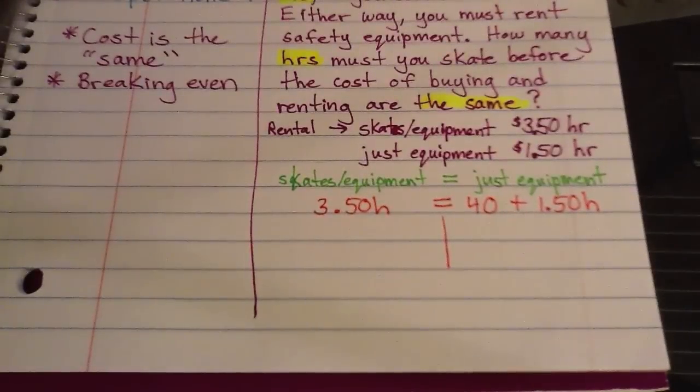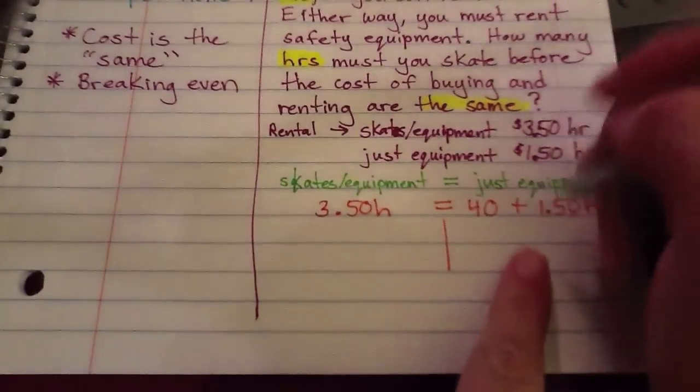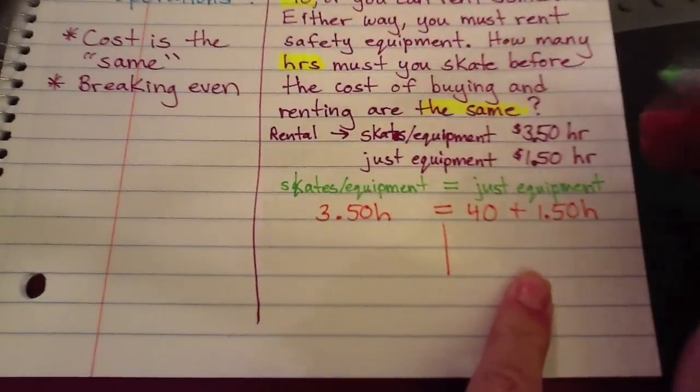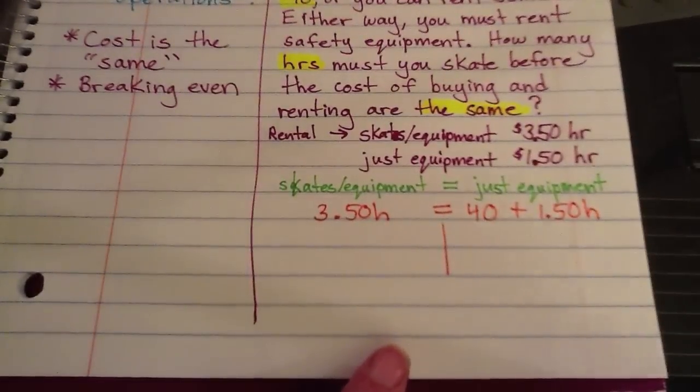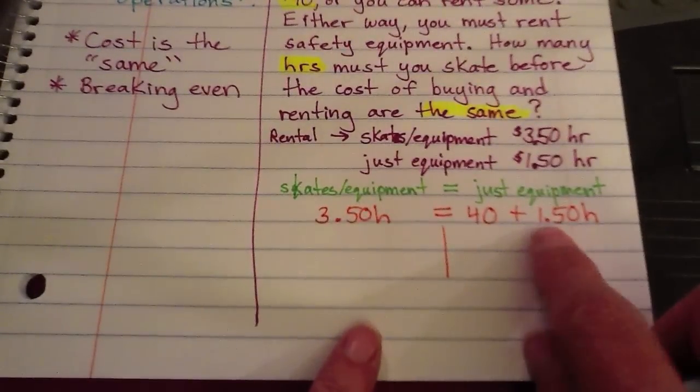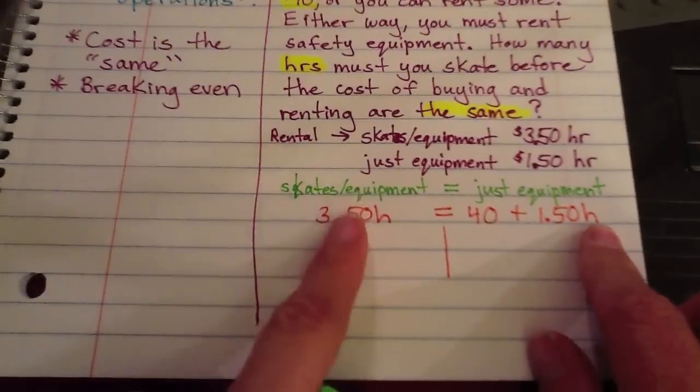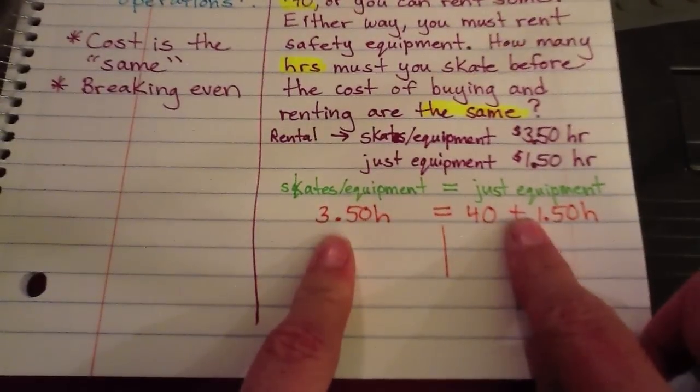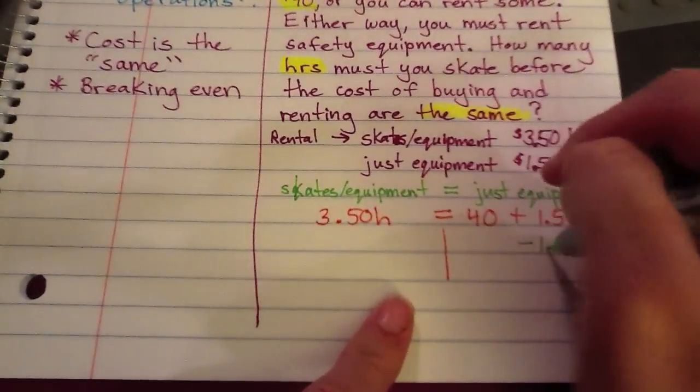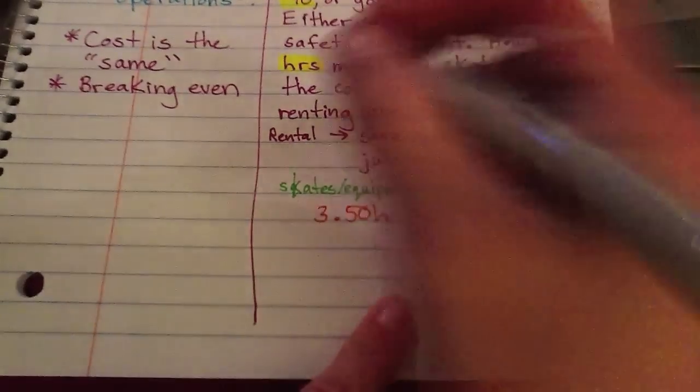Completely up to you if you don't feel totally comfortable using decimals all the time. Or if you just like to make it easier and not deal with them. So 1.50H needs to be moved over to this side. It's a positive, so I'm going to subtract it from both sides.